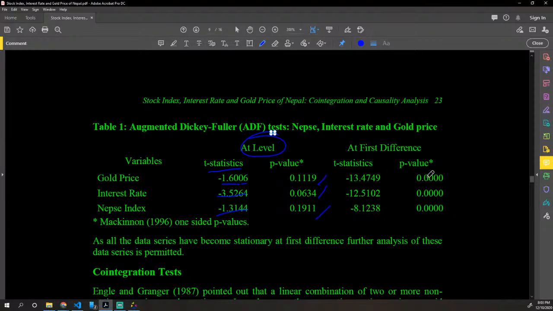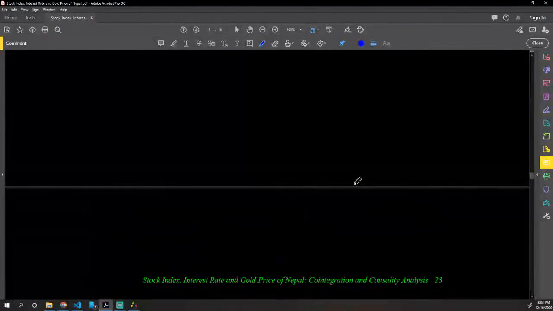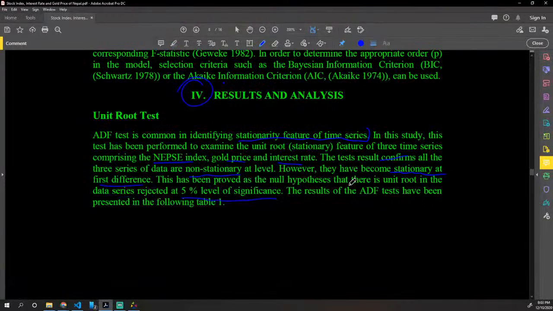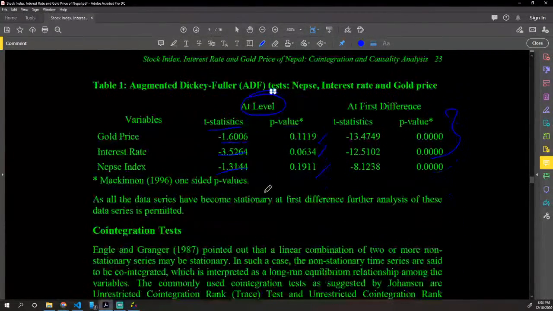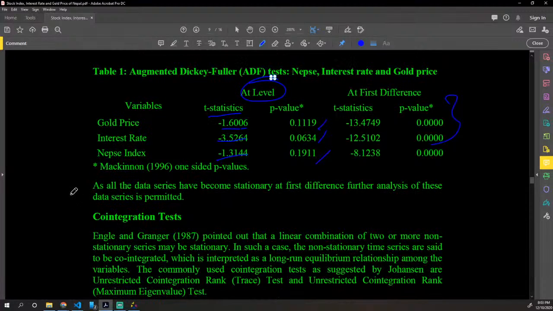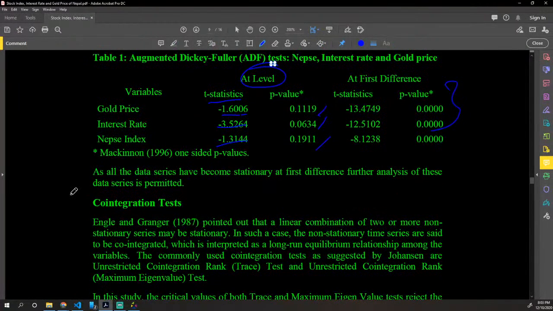At first difference, these are the statistics and these are the p-values. As all the data series have become stationary at the first difference, further analysis of this data series is permitted.